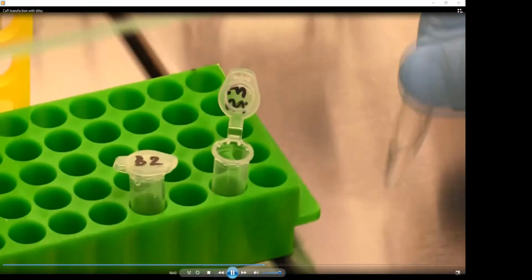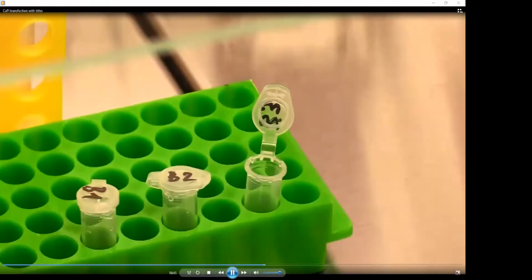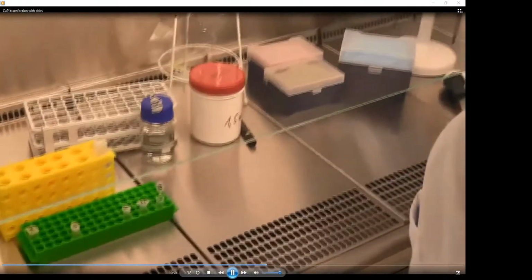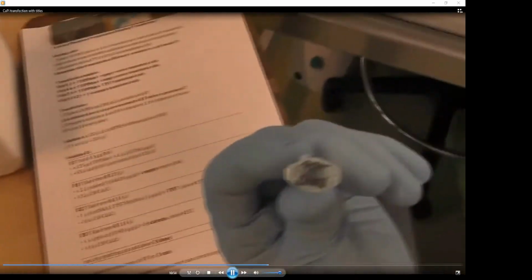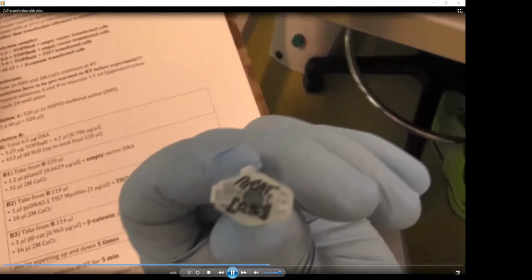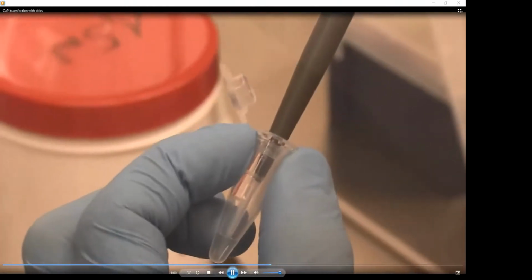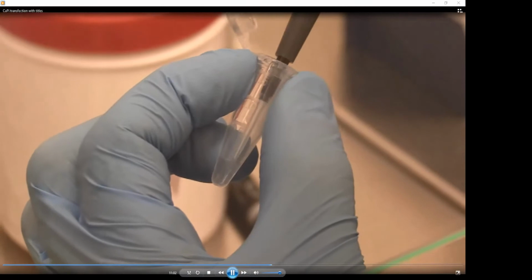Last sample contains then beta-catenin. In this case, it's also approximately 1 microgram per microliter. So we add 1 microliter of this beta-catenin, clockwise, pipette, mix up and down.